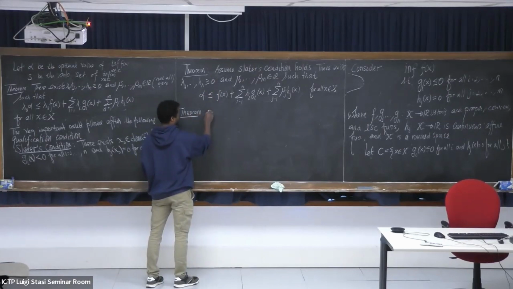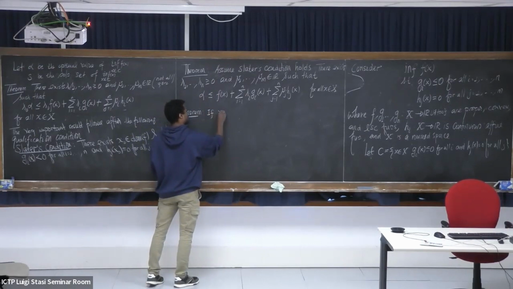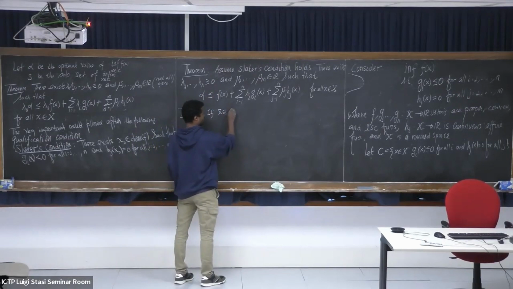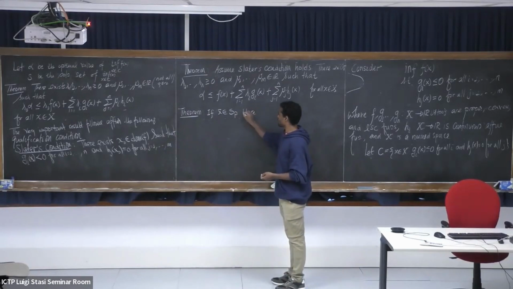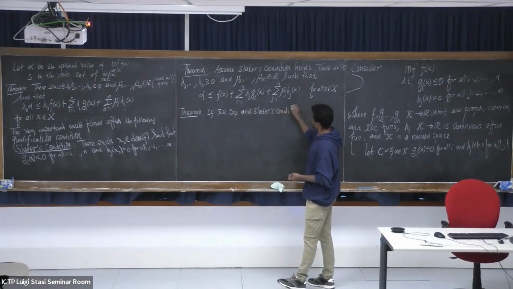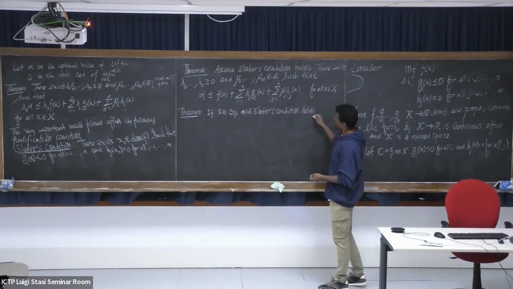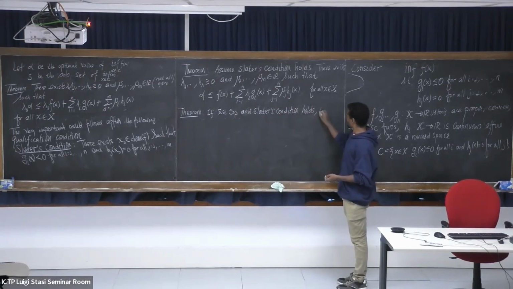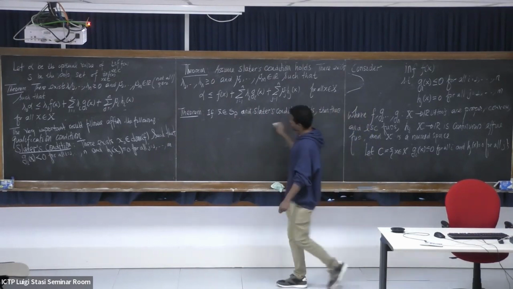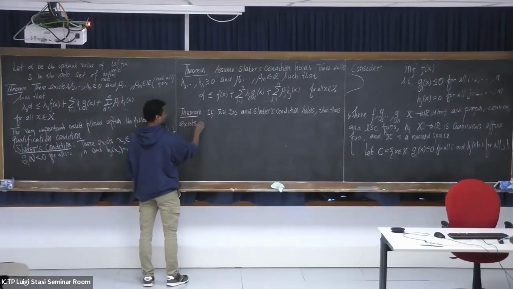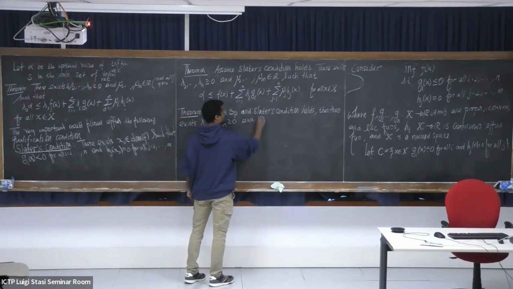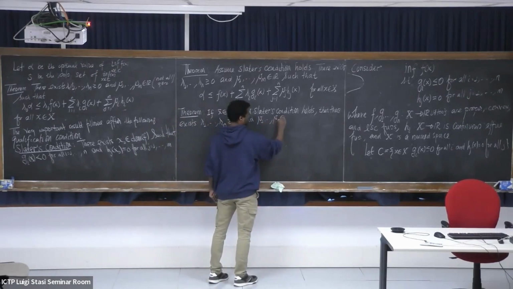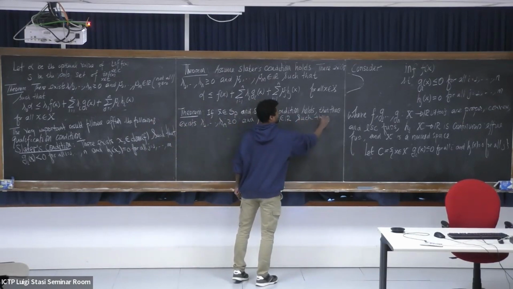If x bar is an element of the solution set of the primal, and the Slater condition holds, then there exist lambda 1 to lambda n, which are non-negative, and mu 1 to mu n, real numbers, such that the following two conditions hold.